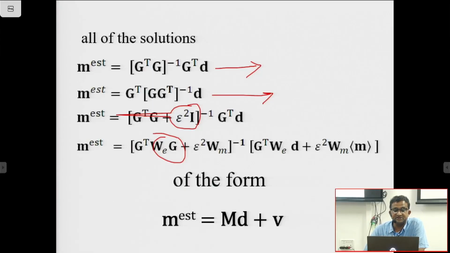So here you see that this WE is the weighted error, which is also incorporated in the expressions. WE is related to the error of your data complexity, and W subscript M is related to the model complexity. These two terms combine in the expressions.